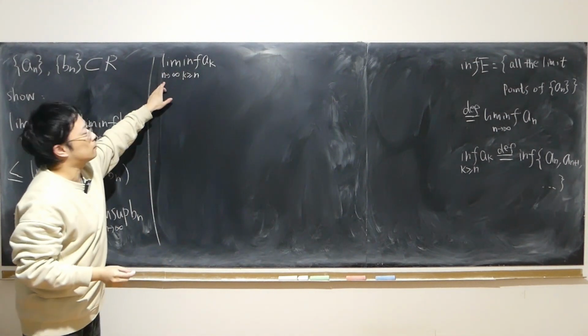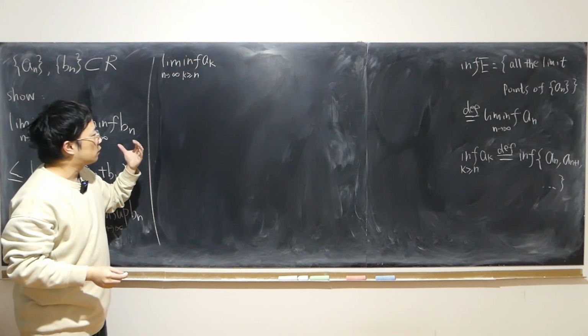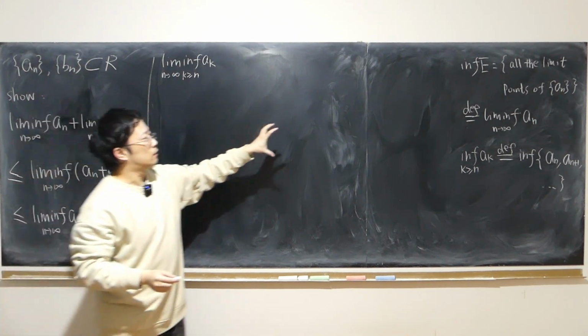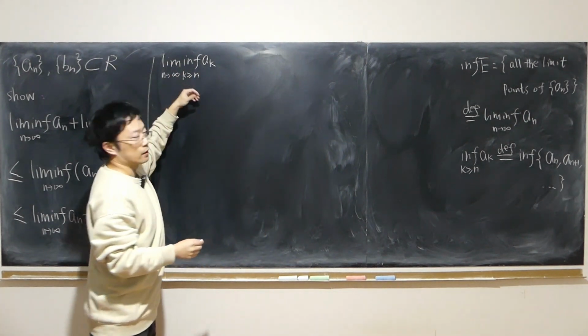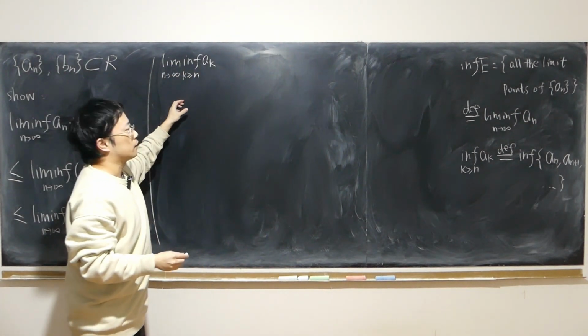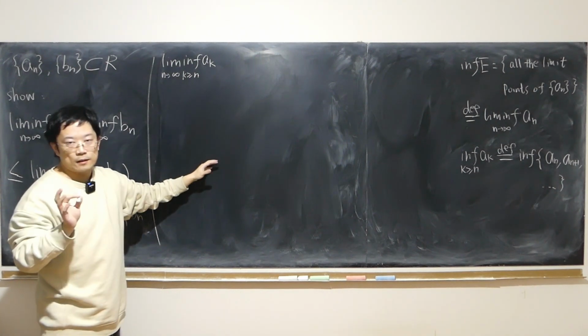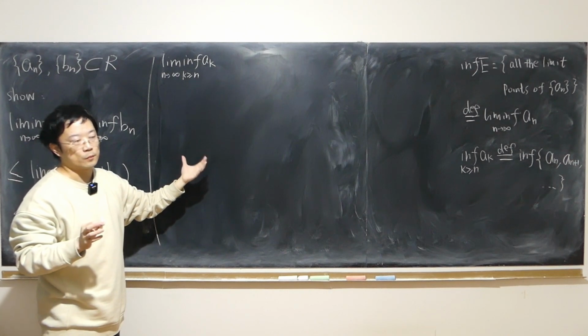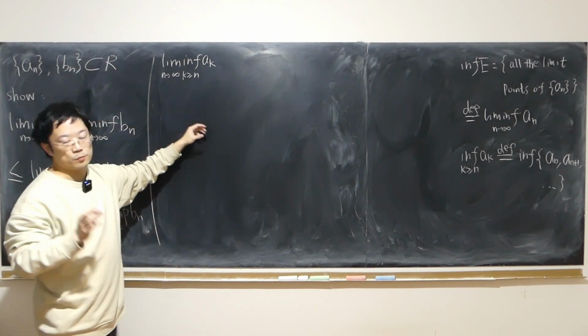Take the limit, let n approach infinity. We can actually prove that the limit exists if we extend the definition of the limit from finite numbers to positive infinity and negative infinity, treating them as special numbers.